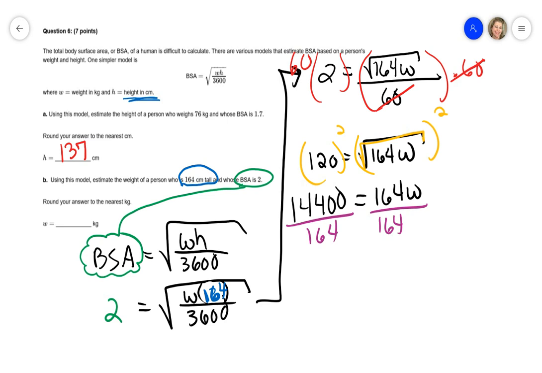And I get 87.80, and it says round to the nearest kilogram. The 7 is the nearest whole number. Because that's an 8, this would go up to 88. So my answer over here is 88. And that is number 6.